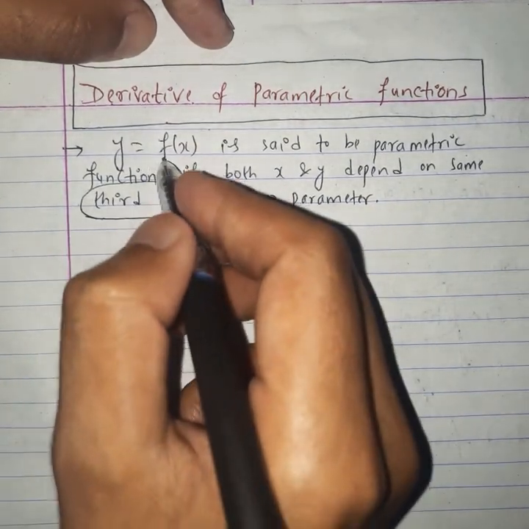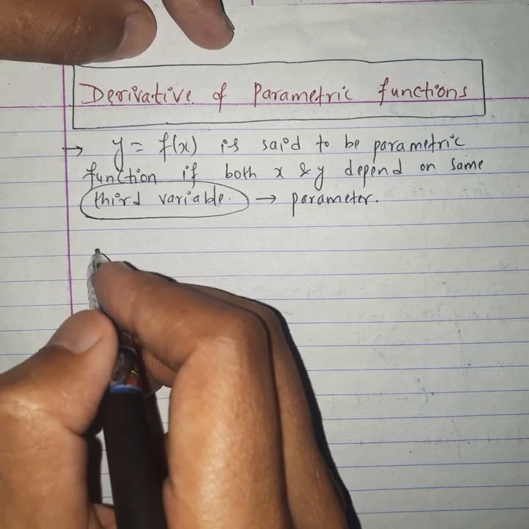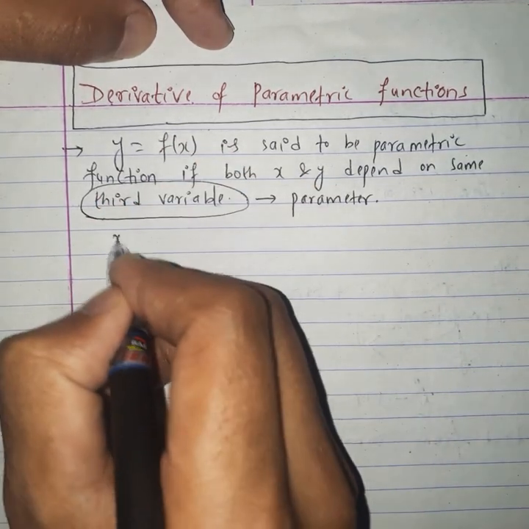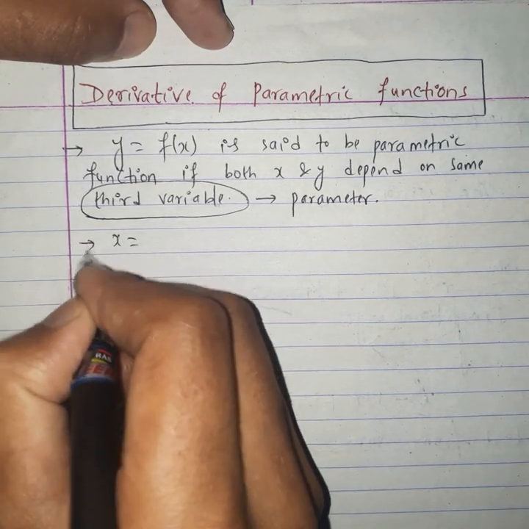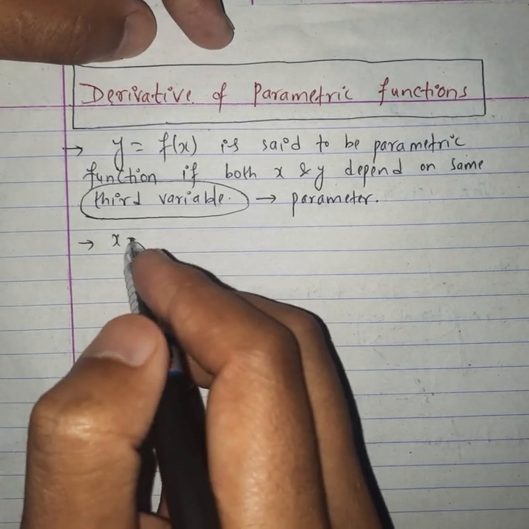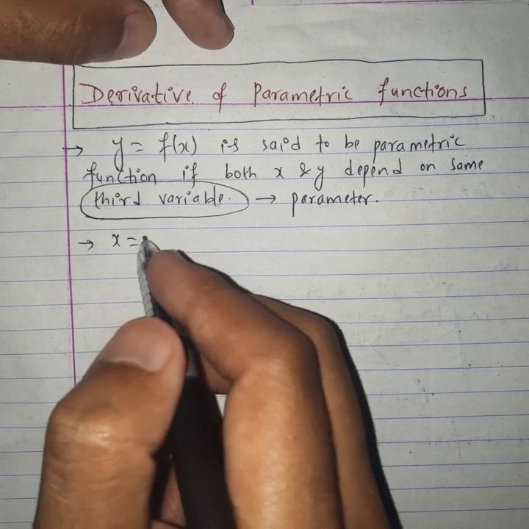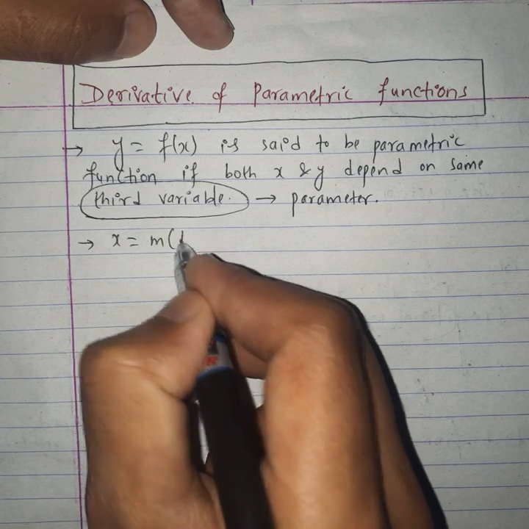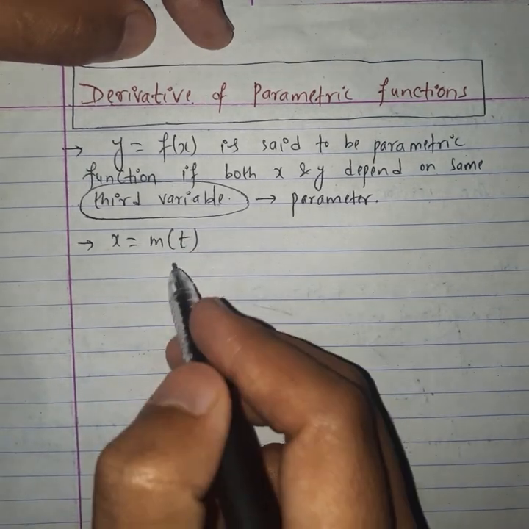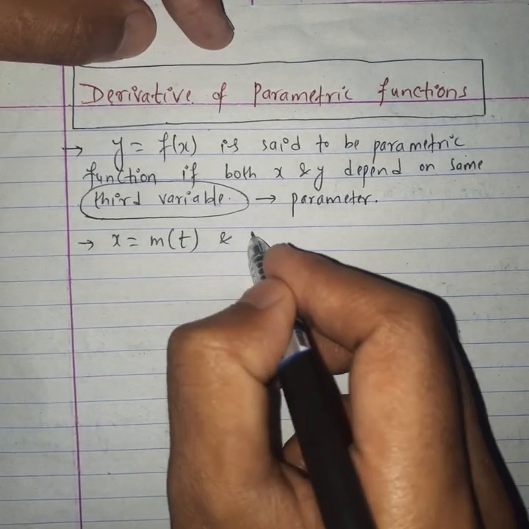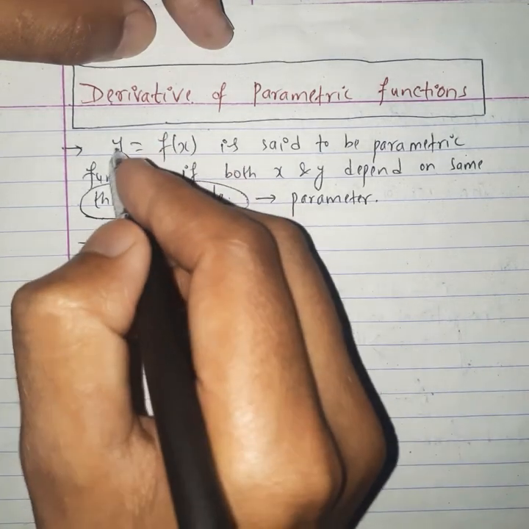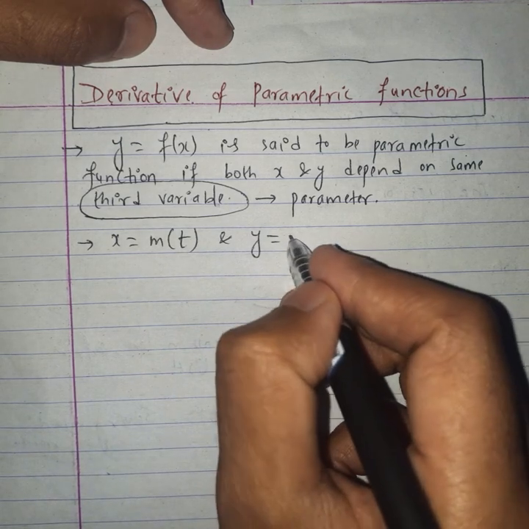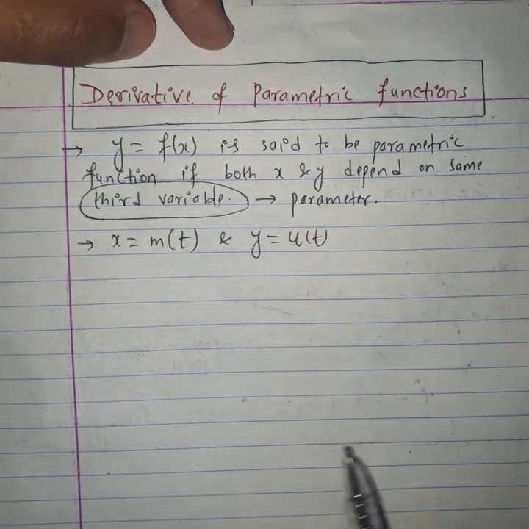Let's take a function f of x, the same function, and x is expressed in terms of the next variable t. Let's say x is a function of the next variable t. And similarly y, the variable y is also a function of the same variable t. Let's say this is u of t.